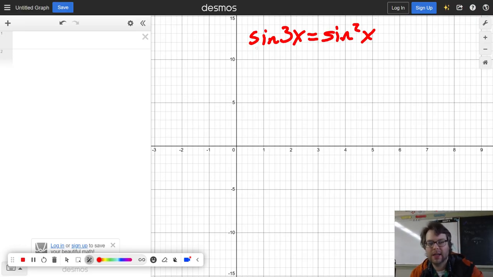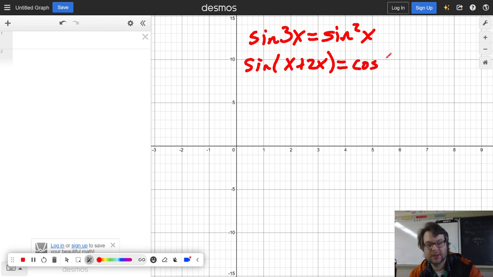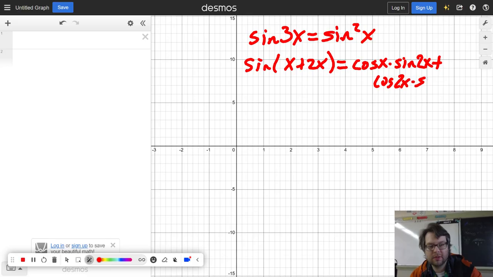And so I can split up 3x as x plus 2x, and then I can use the angle addition formula where that's cosine x times sine of 2x plus cosine of 2x times sine of x.